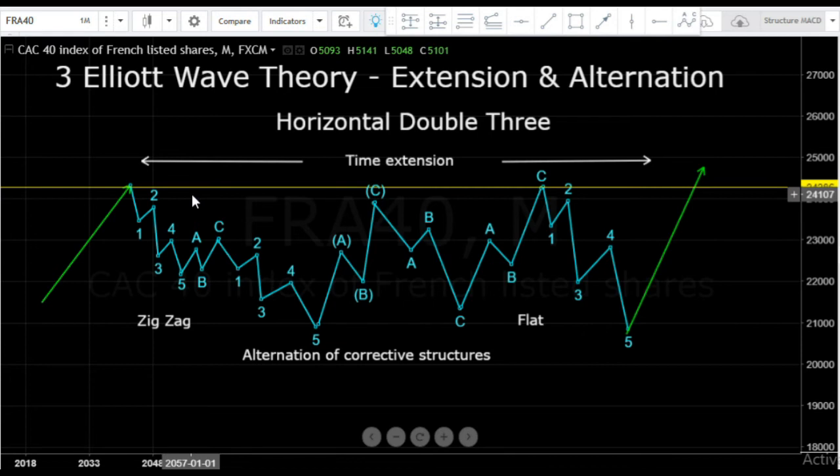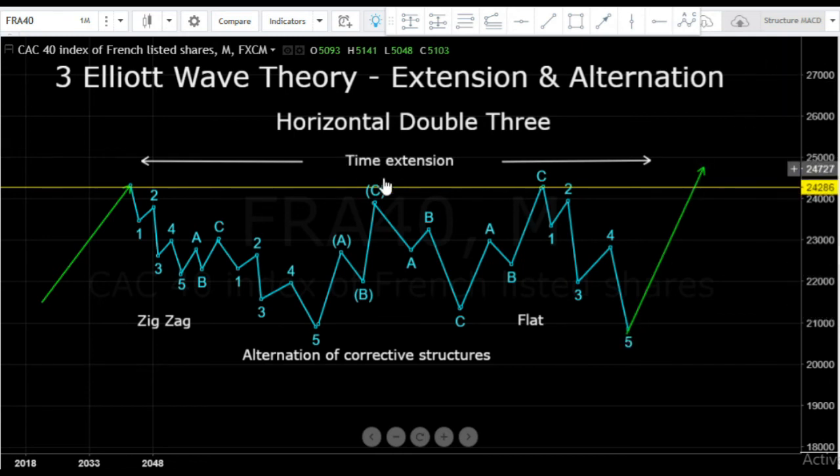Elliott suggested that the purpose of these horizontal moves is basically a time extension. When the market is basically consolidating and waiting for some sort of news, may it be an interest rate hike, may it be a move of oil, may it be a speech from a head of a bank, whatever it may be, they're waiting for some sort of information, and therefore price just tracks sideways and ranges until the information comes out, and then we'll get our next impulse.